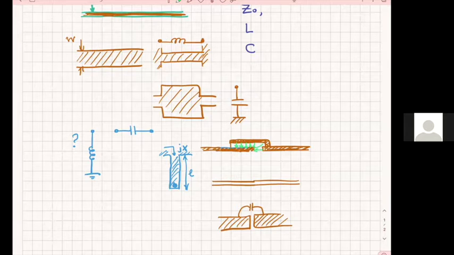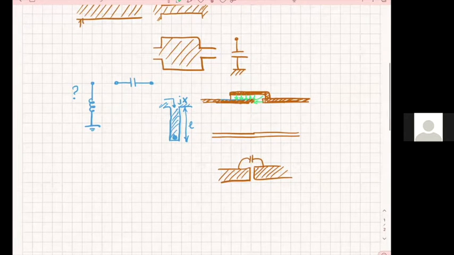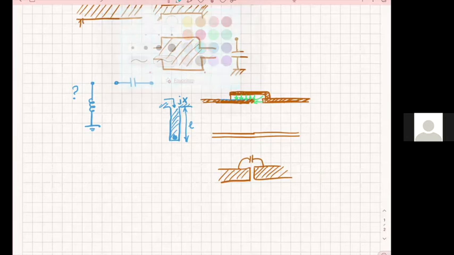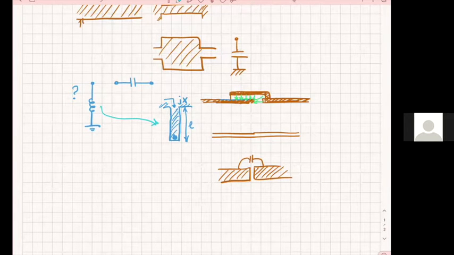So you solve that. So high series capacitance, no problem. High shunt inductance, no problem. All right, you can do that. It's not just a simple microstrip line; here you have to put a via.